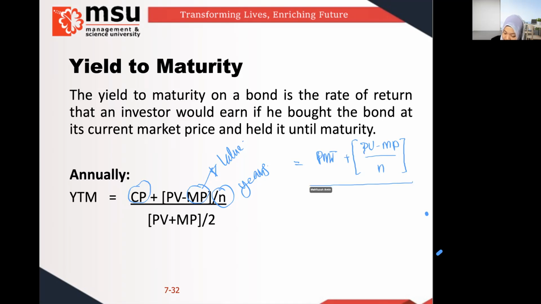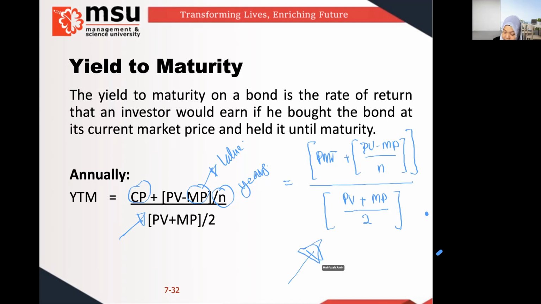And then all this answer we divide with the answer of par value plus market price divided by 2. Okay, so I think this is better to see compared to the earlier one.